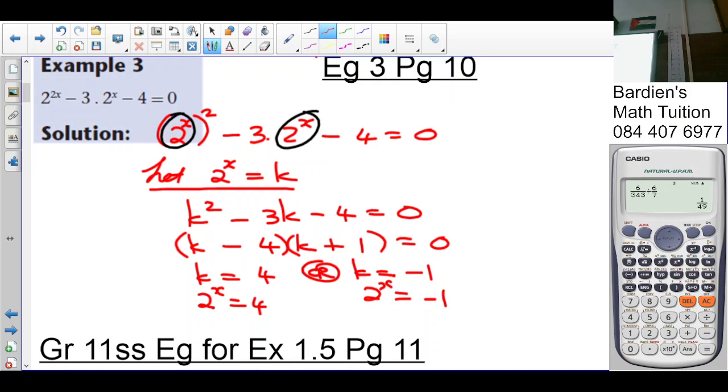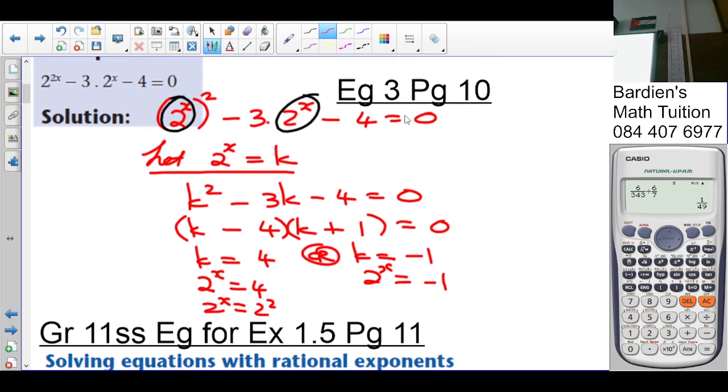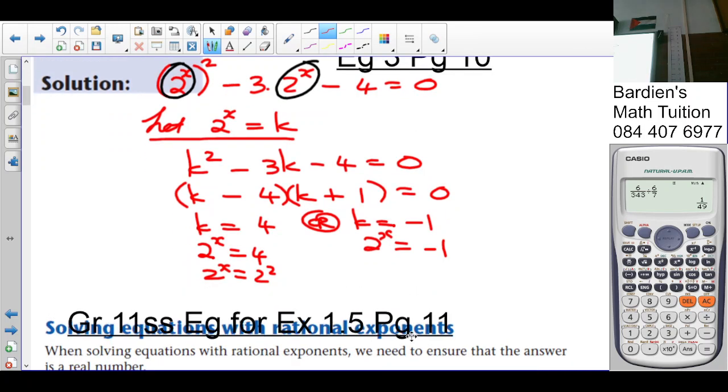What can be done on this equation? 2 squared. So 2 to the x equal to 2 squared. Therefore, x is equal to 2. We've got 2 to the x equal to negative 1. Can that work? No. So what do I write there? No solution.